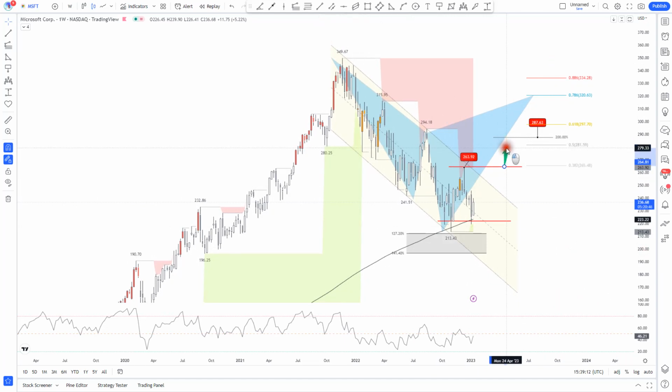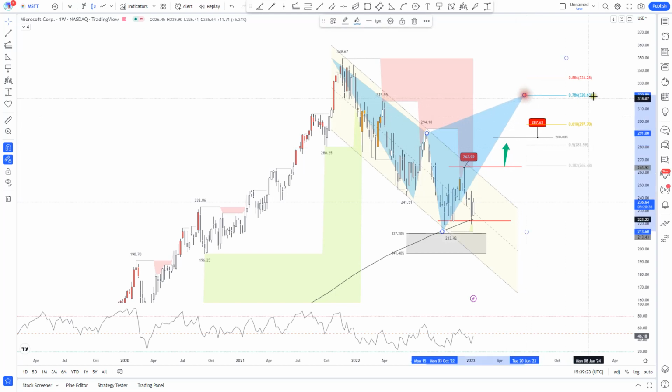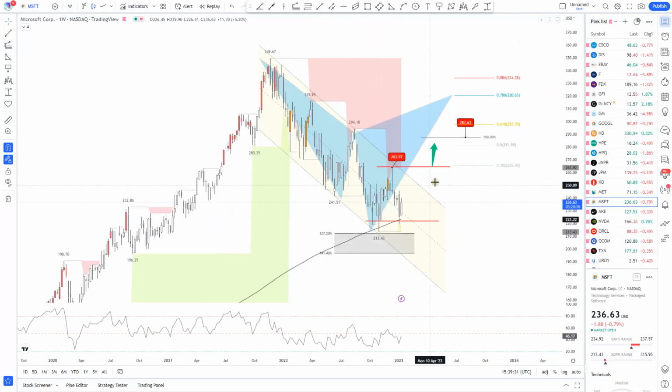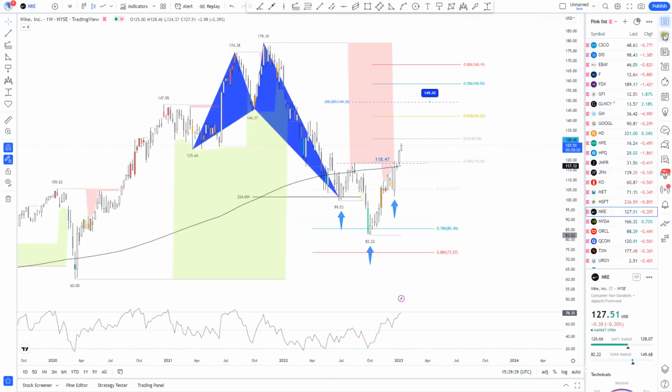I would suggest paying attention to the potential violation of this fractal, which may imply more momentum to the upside, and then later a potential cipher pattern projected at the 78.6% Fibonacci retracement level. Actually, first of all, the default target for the technical double bottom is 287.63. Let's go into Nike.